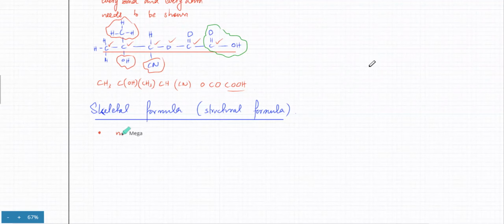No carbon or hydrogen atoms are shown. So you simply don't even draw them. The second thing is carbon and hydrogen bonds are also not shown.